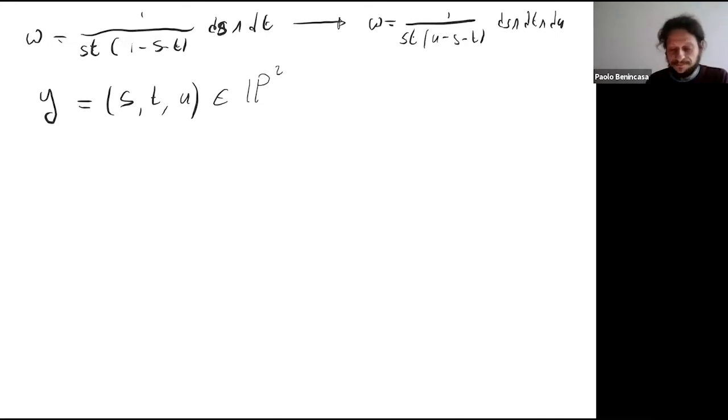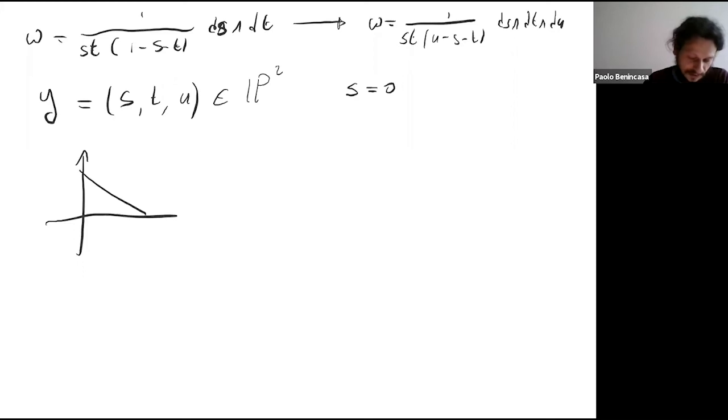And then, given that we said that the plane s equals 0 is a boundary, a plane is uniquely identified by 2 points. For example, if I take this vertex, I call it 1, this vertex, I call it 2, this vertex, I call it 3.